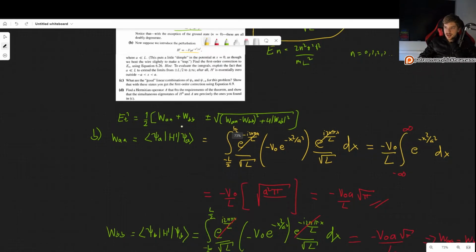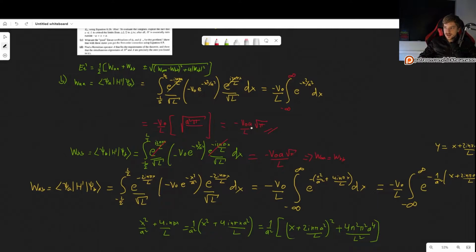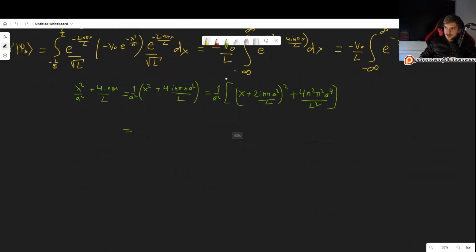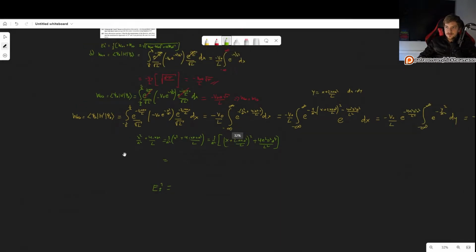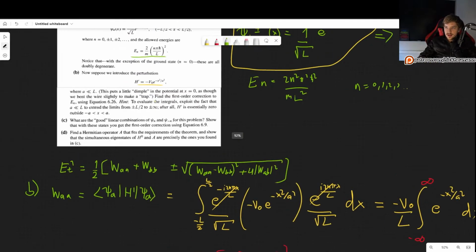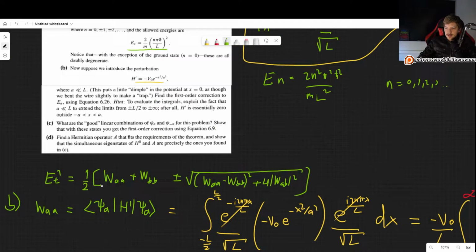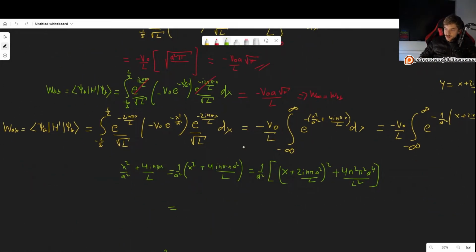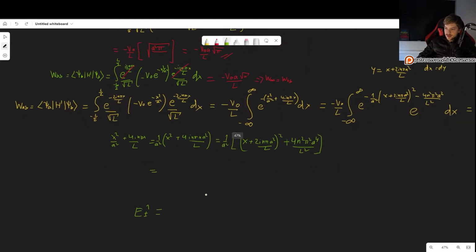So WAA and WBB we know are the same. It is simply this amount right there. So let's see. E plus minus 1. Now let's go here. So this is WAA plus WBB. We need to go further down there. 1/2 of minus 2 V0A.